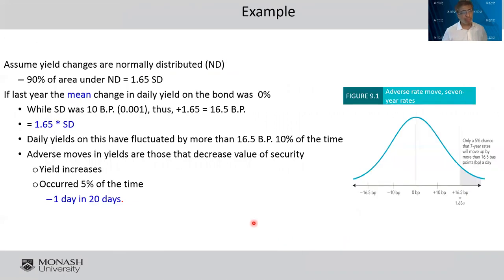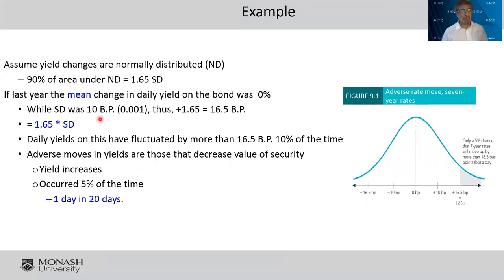Now come to our example. We are assuming 90% confidence, and if the last year mean change in daily yield on the bond was 0, which means we expect 0, so we don't add it to this change. So this is actually 0, and this is the distribution of the yield.